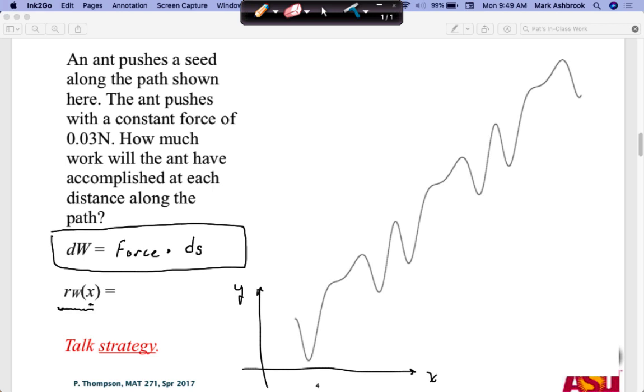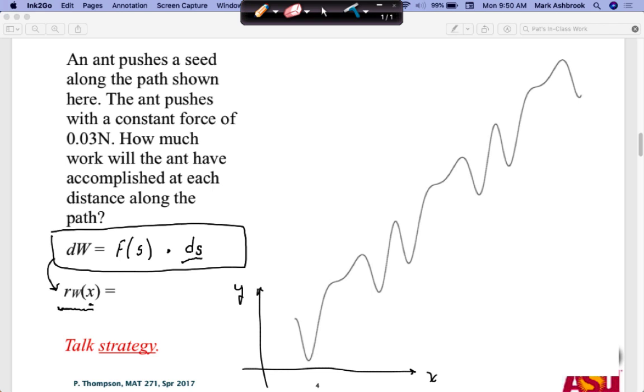And our force will most naturally be given as a function of how far we are along the path, times a little bit of distance going along, and that'll be our little bit of work.